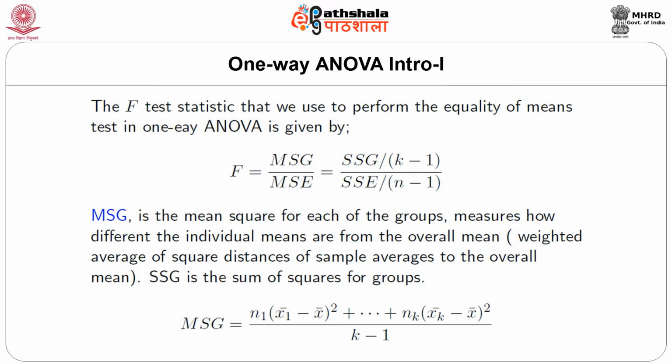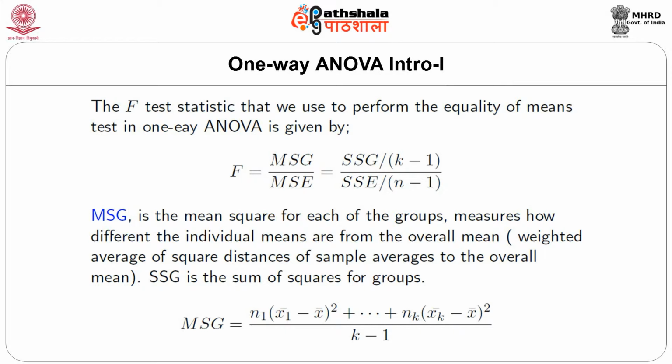MSG is the mean square of each of the groups, not the same as monosodium glutamate, though it is the same abbreviation. It measures how different the individual means are from the overall mean.